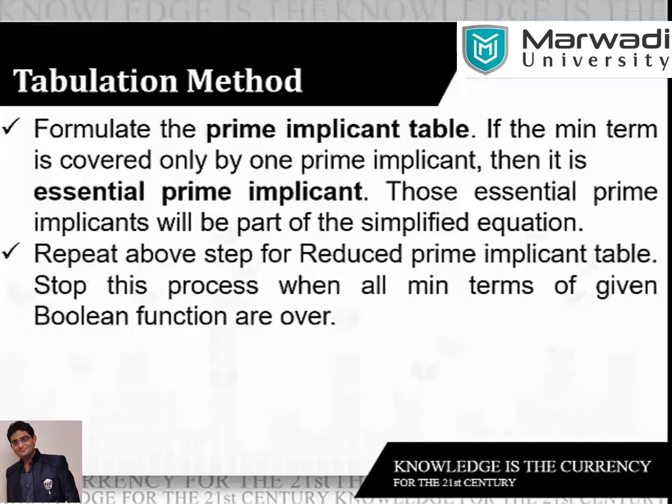Repeat this process until we are reduced to the essential prime implicants, and thereby we can obtain the Boolean equation. We don't need to worry about these steps at the moment. We will be solving all these steps by taking an example.